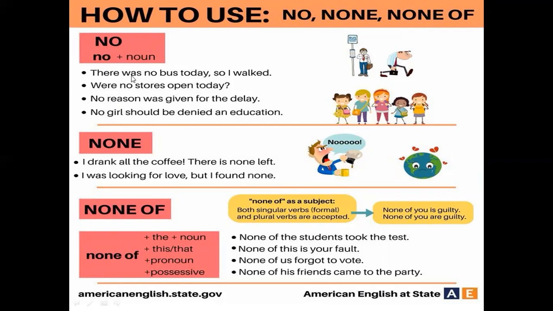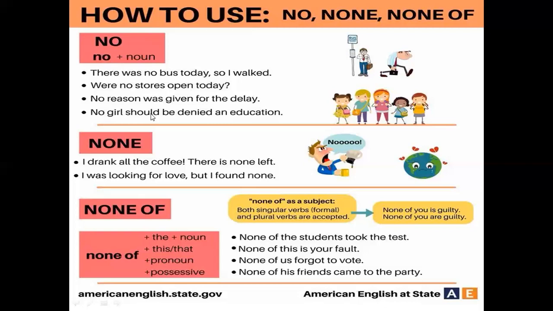For example, I can say during the emergency, there were no buses in my city. In a very formal context, we can also use no at the beginning, for example: no reason was given for the delay.